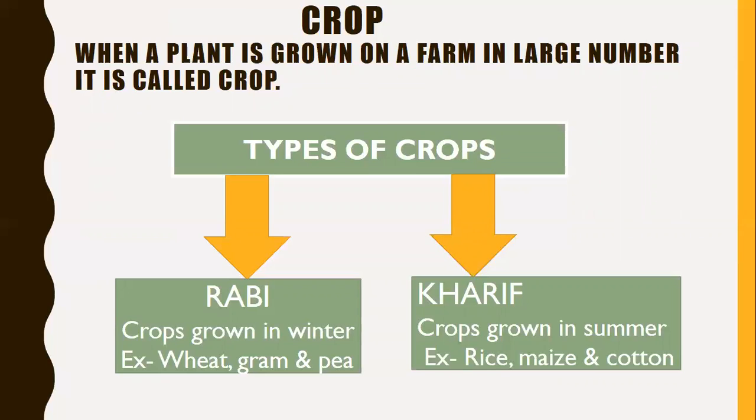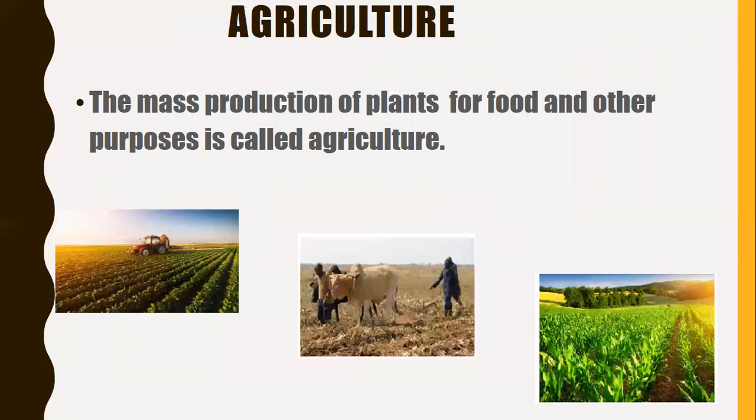Now, as I told you that we need large number of plants so that we can fulfill our requirements. And for this, we grow plants on large scale. The process of growing plants on large scale for food and other purposes is called agriculture.